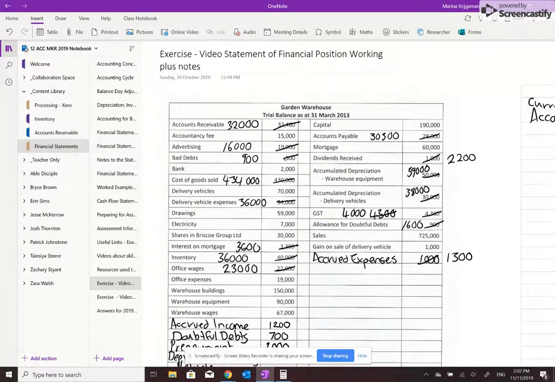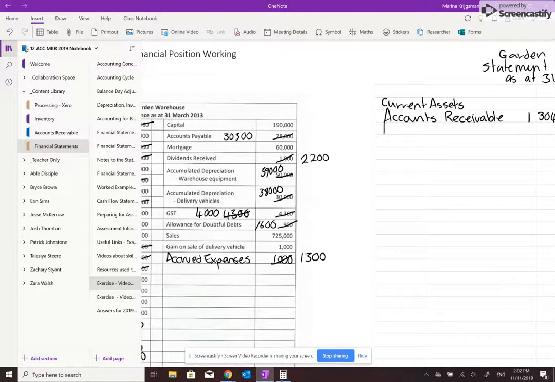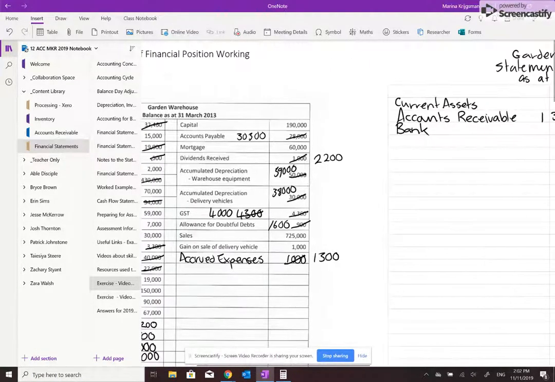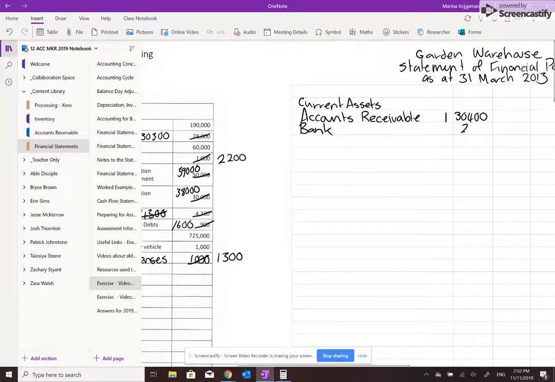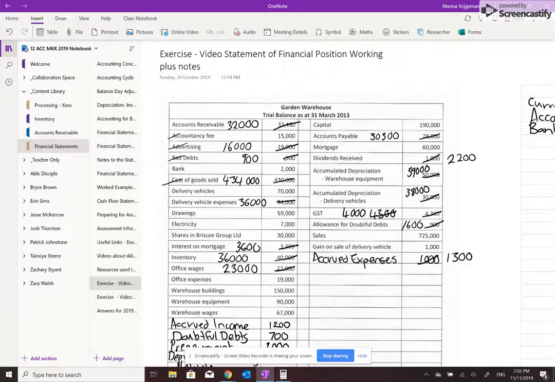So now we're going to go and pick up the other current assets. These are the things that we can turn into cash in a year. So these ones here are all expenses, but we've got bank. So we're going to put bank in, and that's 2,000. Remember, all our expenses will go in our income statement. Cost of goods sold will go in our income statement. This is a long-term one. Expense.